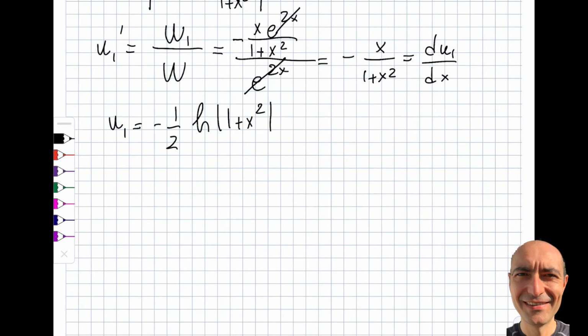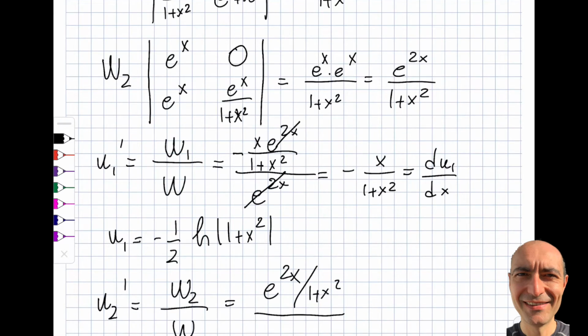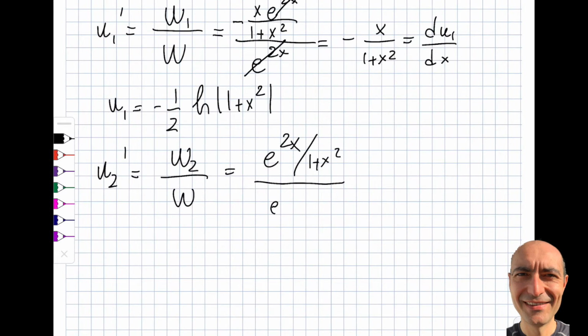What about u2? Well, let's find out. u2 prime will be equal to, this time around, w2 by w. And I have e to the 2x by 1 plus x squared, right? That was the w2. Let's double check that. Yep. Divided by w, which was e to the 2x, I'm sure. So this is cancelled. I get 1 over 1 plus x squared, which is equal to du2 dx.